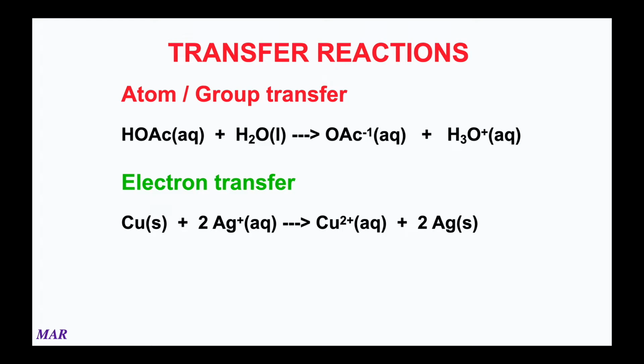If you only had 1 silver plus going to 1 silver, you'd have an extra electron floating around somewhere, and that's seen as bad form in chemistry. We'll talk about half reactions, which is when electrons can be shown, but overall, you don't show electrons in the reaction. So electron transfers at first might look similar to the atom group transfer reactions, but they're actually quite different. And we're going to focus mostly on the electron transfer reactions in this chapter.